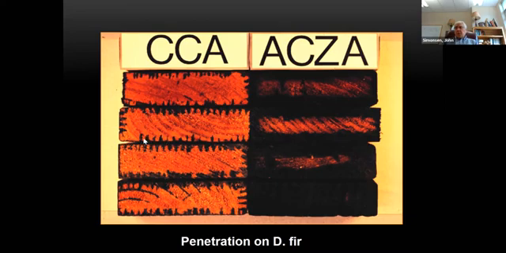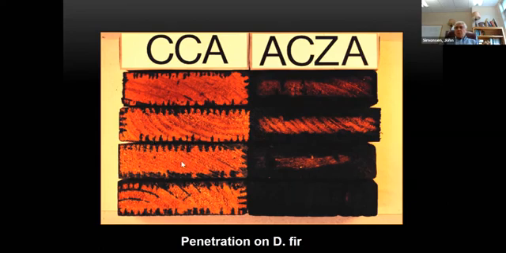You get penetration where they cut a hole in the wood, but that's about it with CCA. But if you use ammonia, ACZA, an ammoniacal-based treatment, you get very good penetration. You still don't penetrate the heartwood, but you can still get good penetration.